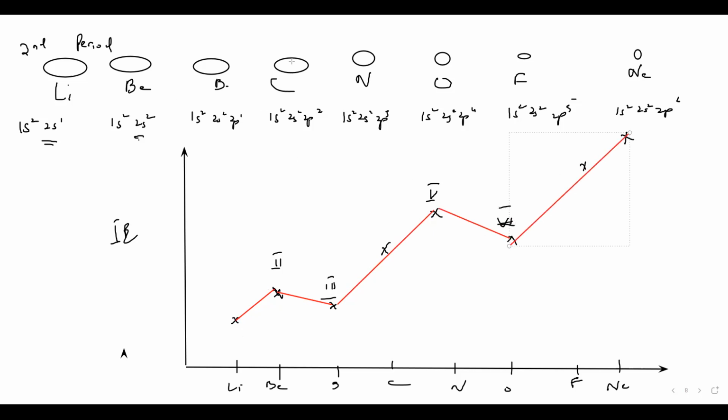So why is there a difference between 2 and 3? Because of shielding effect. And why is there a difference between 5 and 6, where 5 is higher and 6 is smaller? Because of the pair of electrons present, they will have more repulsion. That's why it will be easy to remove an electron as compared to group 5. Is it clear? The ionization energy graph for period 2.